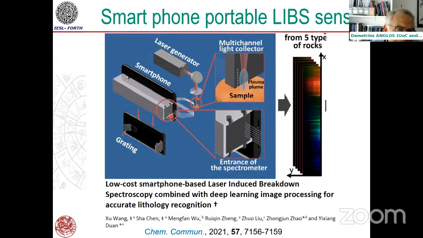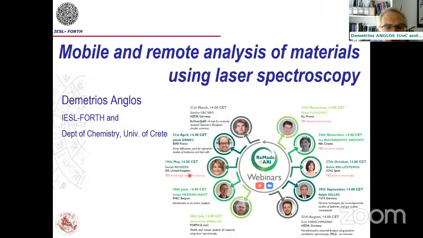These sorts of applications cover various spectroscopies, and they can be used with absorbance or fluorescence or Raman spectroscopy coupled to smartphones. I think this is more or less it, and I would like to thank you very much for your attention, and I will be happy to answer questions if they exist.